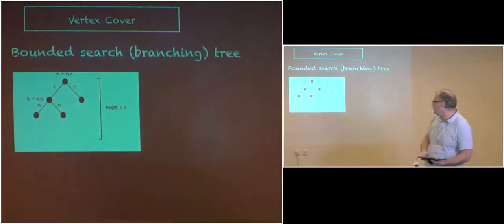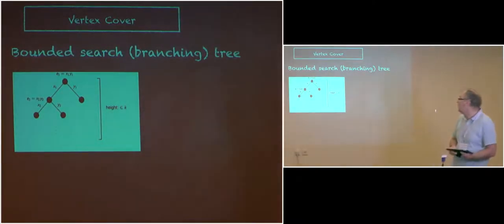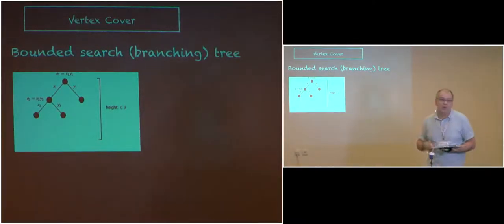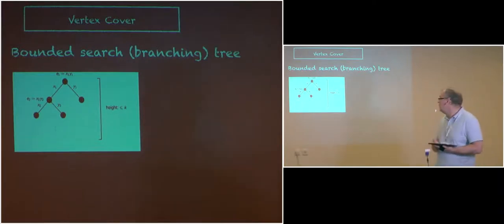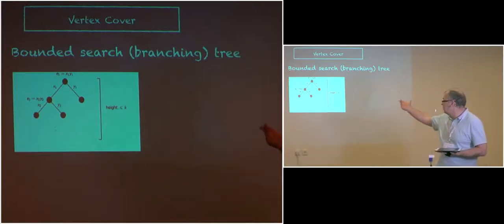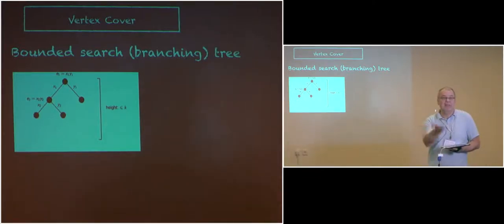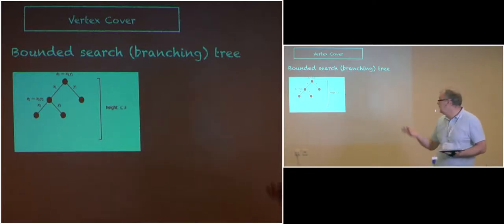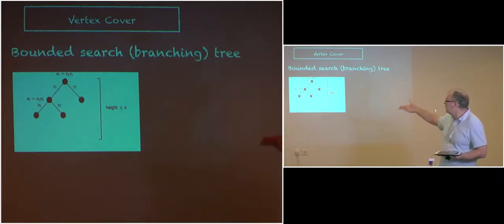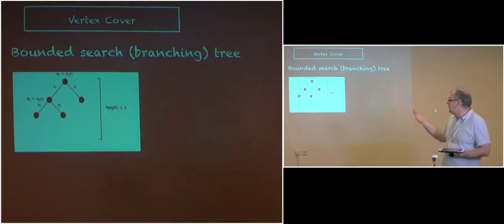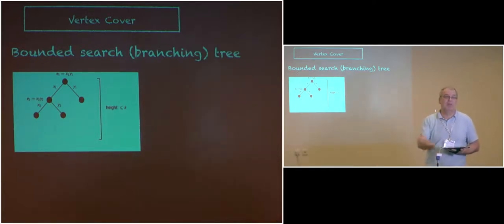So how do we analyze the running time of this algorithm? There is a quite useful viewpoint for all algorithms of this type: view the algorithm as a branching tree. Nodes of the tree correspond to subproblems, and the number of subproblems we need to solve is proportional to the number of vertices in this tree. In the vertex cover example, it is a binary tree, which means the running time, up to some polynomial factor, is proportional to the number of leaves.